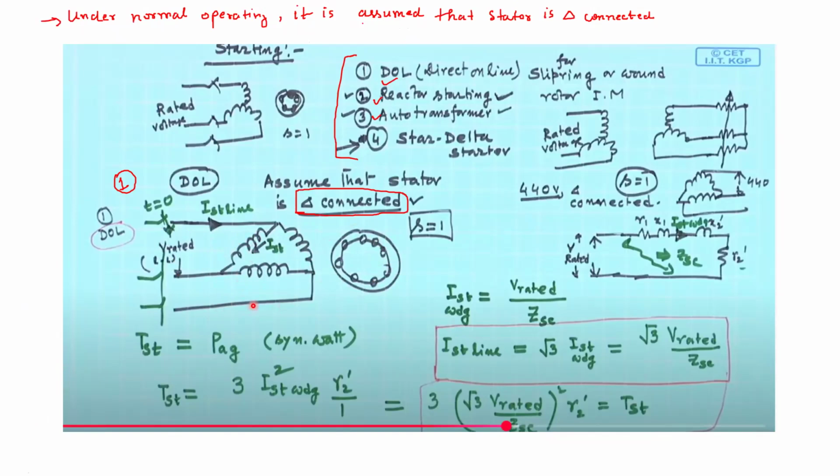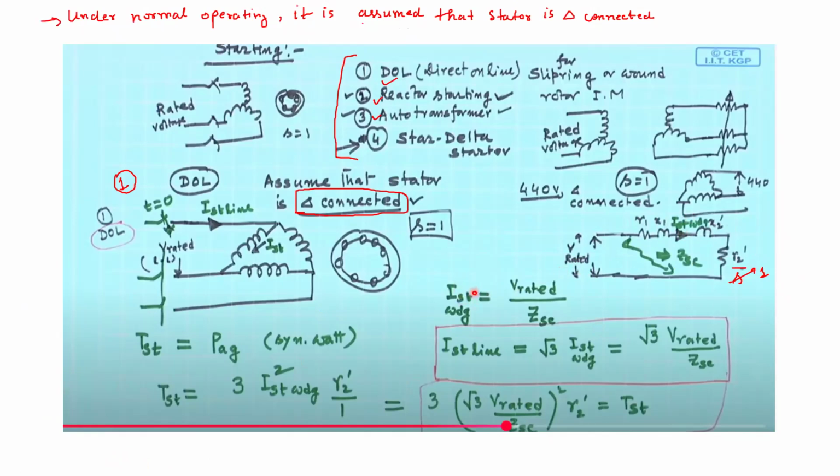Now here, if you draw the per phase equivalent circuit diagram of this circuit, what you have is R1, X1, X2 dash and R2 dash by S, where S is equal to 1, because this is at the starting. Okay, for starting. So this is the equivalent circuit diagram.